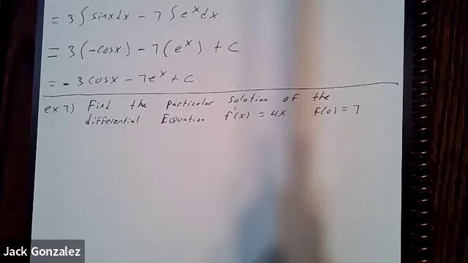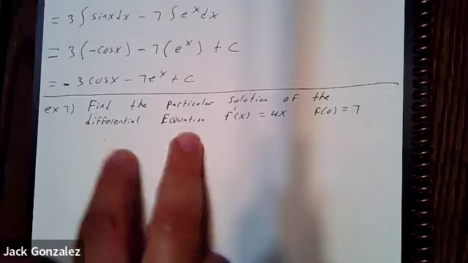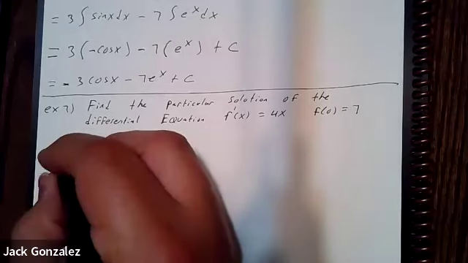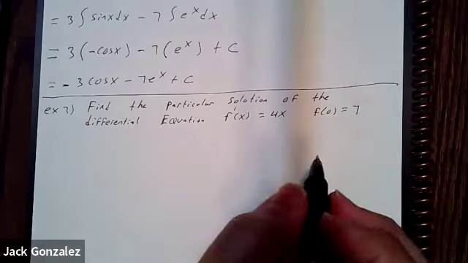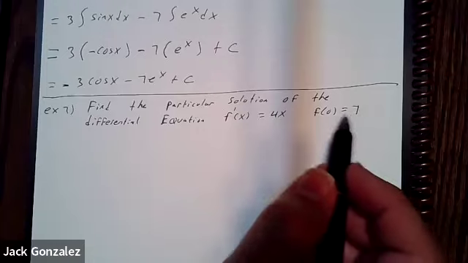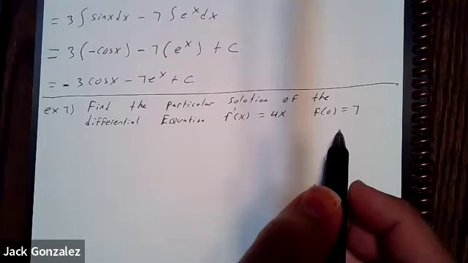So after calculus 2, you'll take a class called differential equations, if you're going into STEM, or engineering or computer science or physics for sure. So you see a lot of these types of problems. This is a very simple version of that. So we want to find the particular solution that has this condition. This will help you find C basically. So when you find C, you have a particular solution instead of a general one.